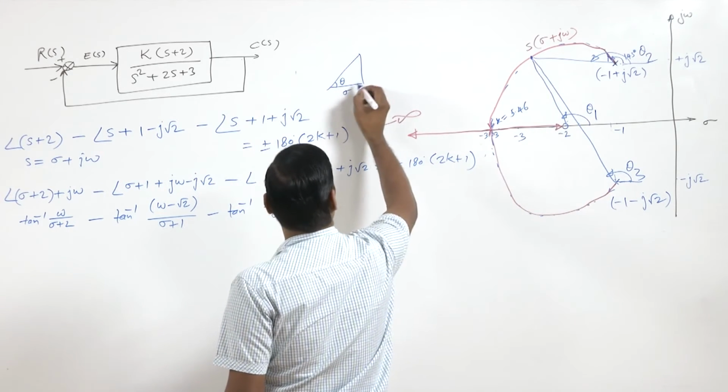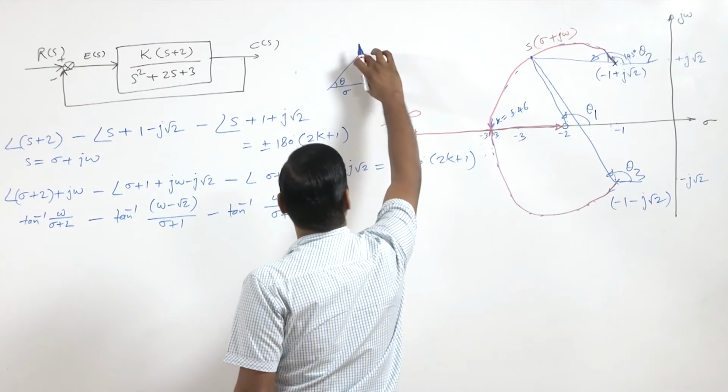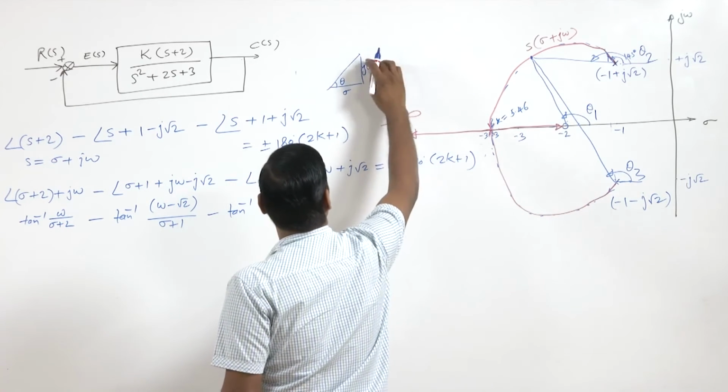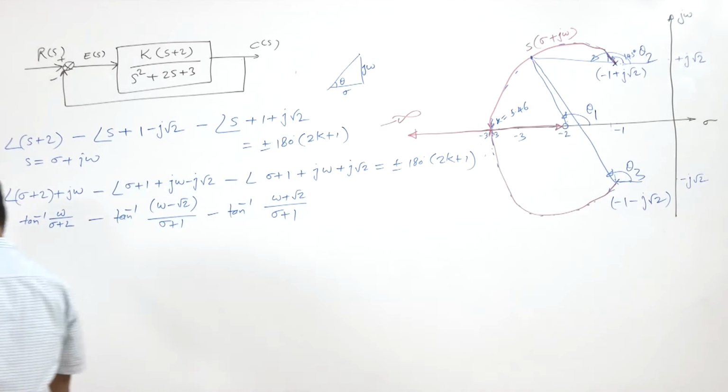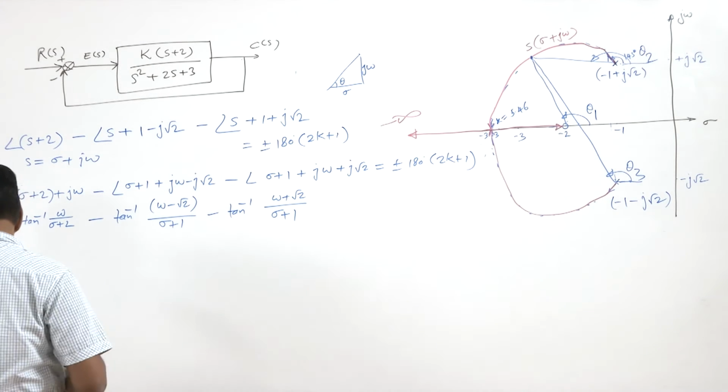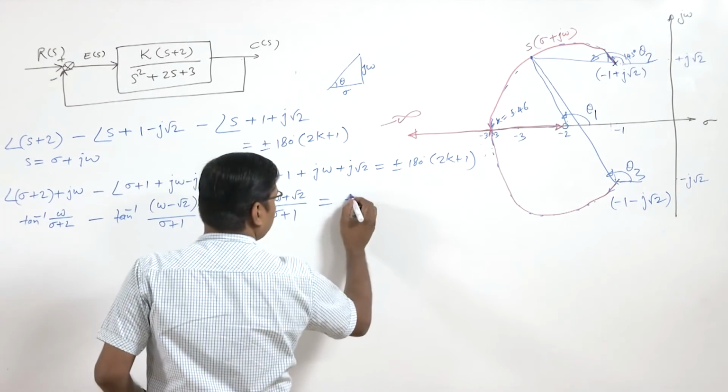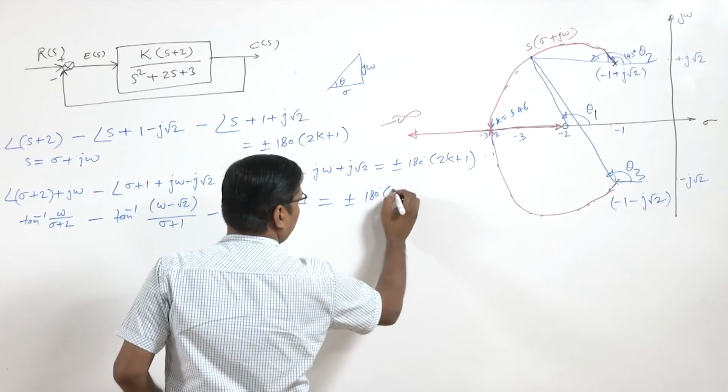So this is sigma and this is omega, and tan inverse is the imaginary part over the real part, equal to plus or minus 180 times 2k plus 1.